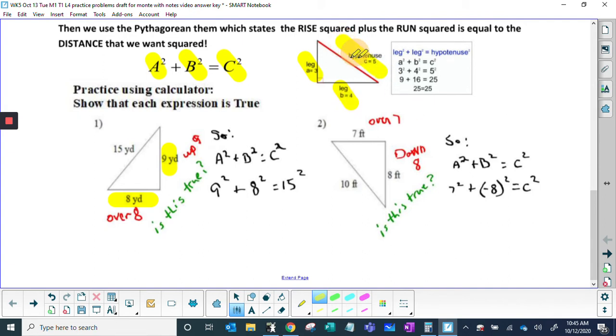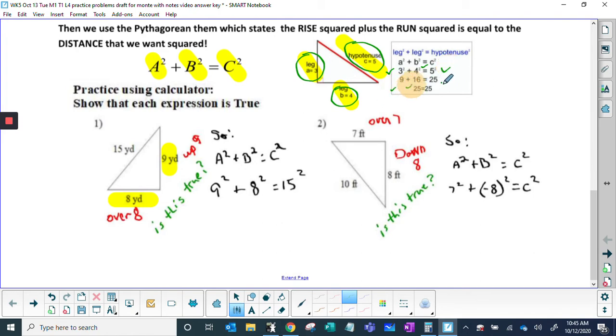We're going to learn that vocabulary. Is 3 squared plus 4 squared equals the long side squared. Okay, 3 times 3 is 9, 4 times 4 is 16, 5 times 5 is 25.